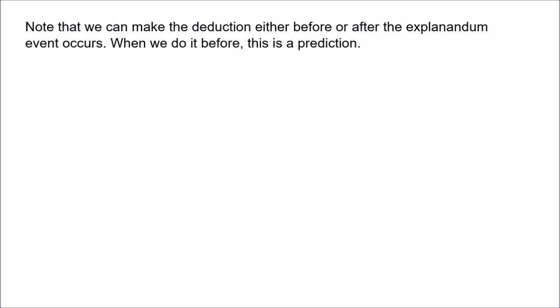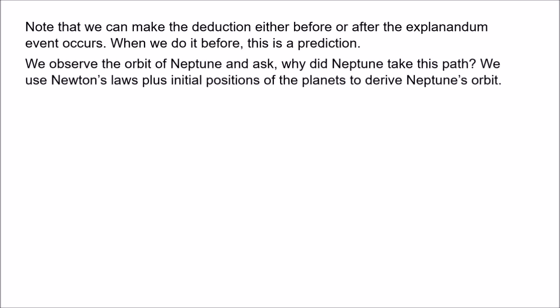Okay, the deductive-nomological model has a rather interesting consequence, that explanation is essentially equivalent. It's fundamentally the same kind of thing as prediction. And this is because we can make the deduction either before or after the explanandum event has occurred. When we make the deduction before the explanandum event occurs, this is a prediction. So let's take an example.